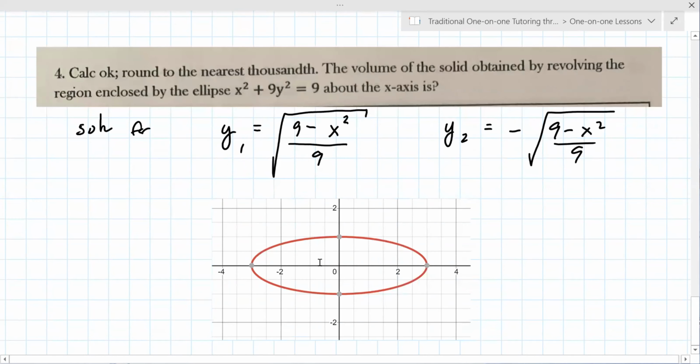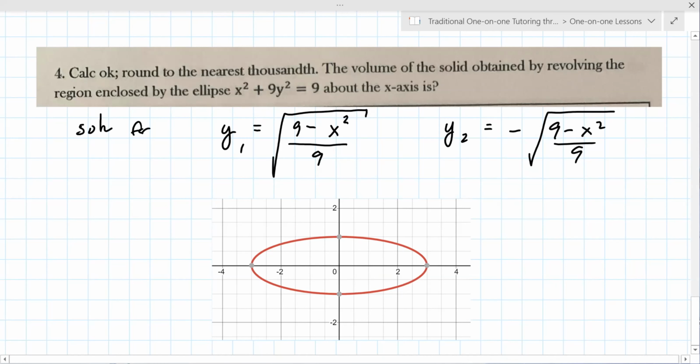So you could choose to revolve this whole thing, but I actually think it's better just to revolve the top half, and that's more consistent with what you're going to see in other problems. You get the same shape.